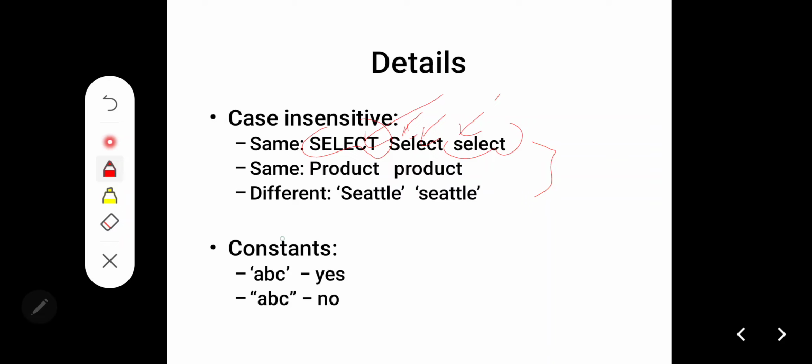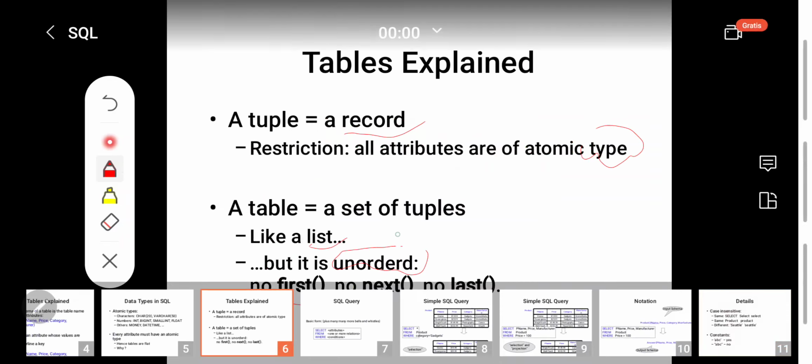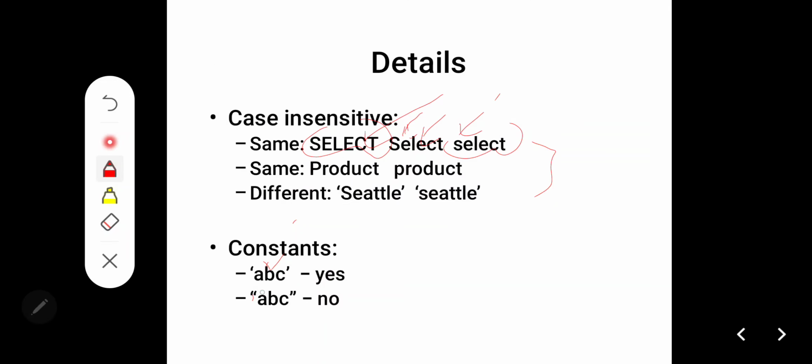If you see here, the string ABC in double quotes is a constant, so this string cannot be changed and the value is always fixed.